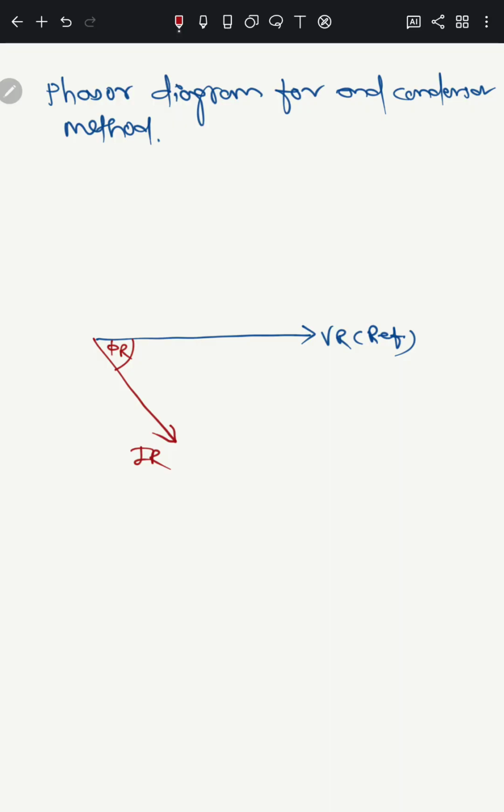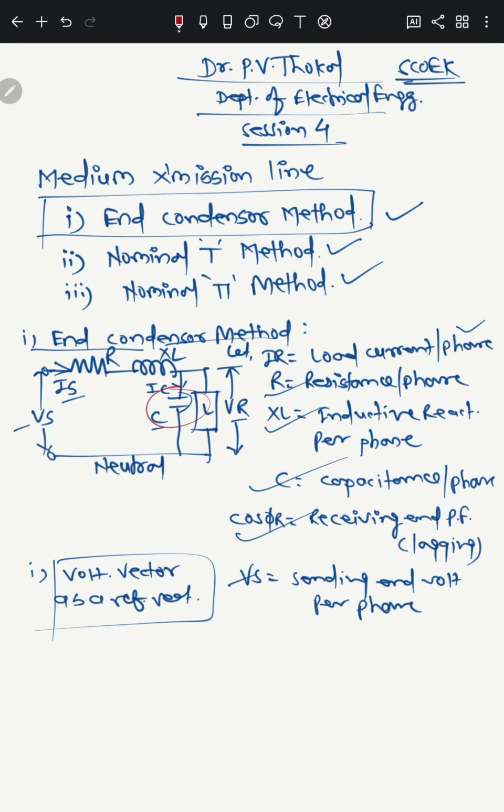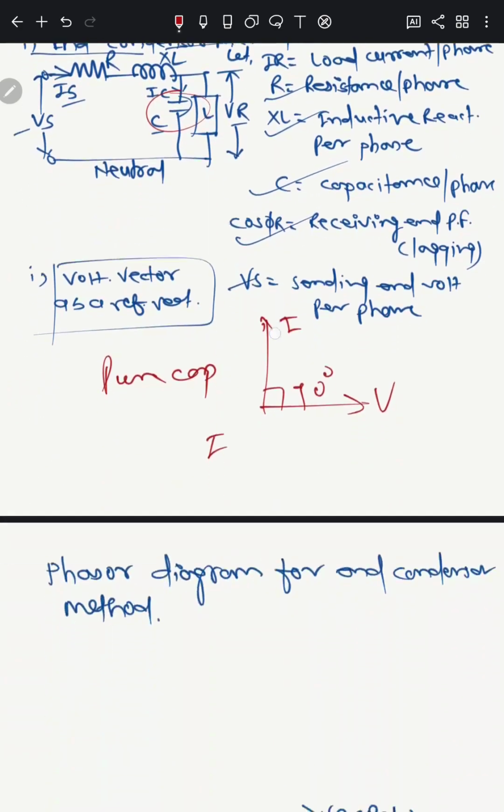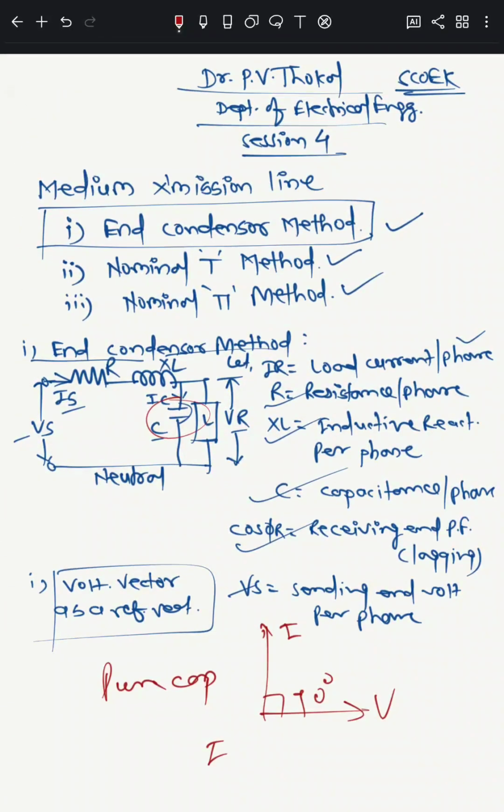Now, for a pure capacitive circuit, as the capacitor is connected to the load, it is treated as a pure capacitor, and for a pure capacitor, current leads the voltage by 90 degrees. The same case we consider here.